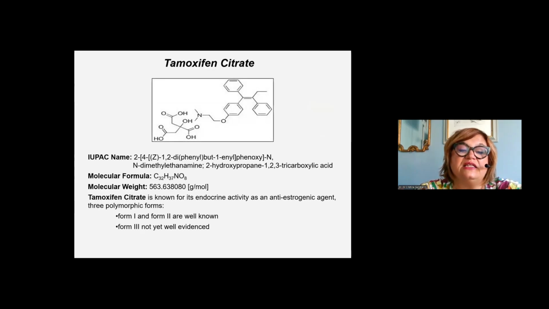In the other case, we have studied tamoxifen citrate, forms 1 and 2, which you can see here. They were well known, but the crystallization of these had not been reported. Remember, this is an important point, the crystallization.